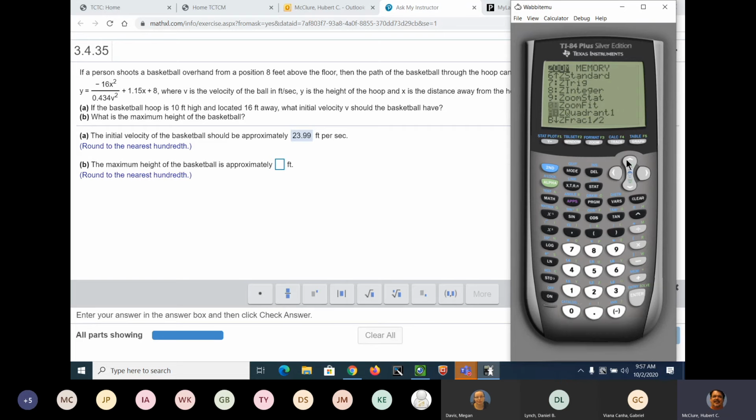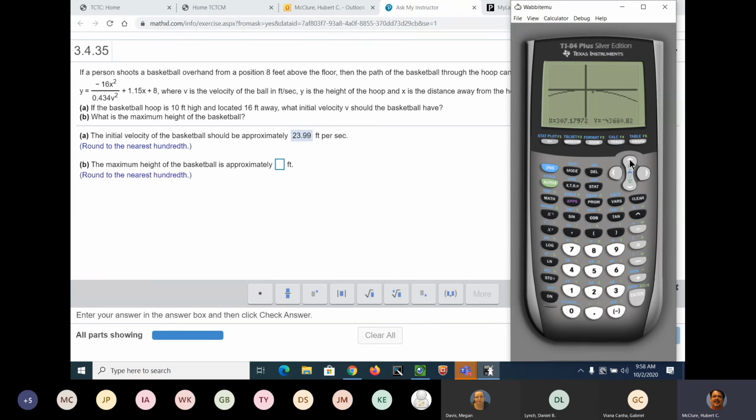Okay, zoom fit. Always clear it before you start. Now I'm going to go up here and make the center equal to the origin. It ain't very high. Zoom in.